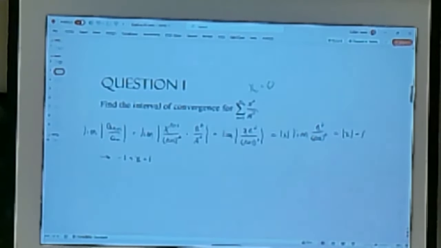What we have to do now is test the two endpoints, -1 and +1. That's easy enough to do. Just replace x with -1 in the power series: -1 to the n over n squared, correct? What does that series do? Alternate. So converges or diverges?